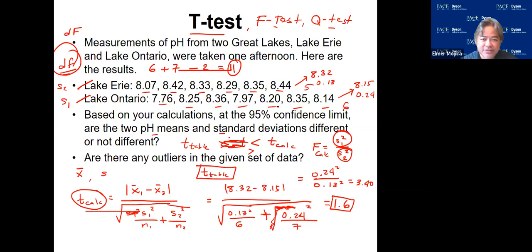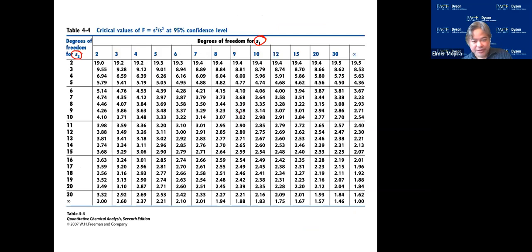So how do we look at this? What's the value that we need to compare with 3.4? Anyone? I will let you choose, so I will know if you really understand the concept.